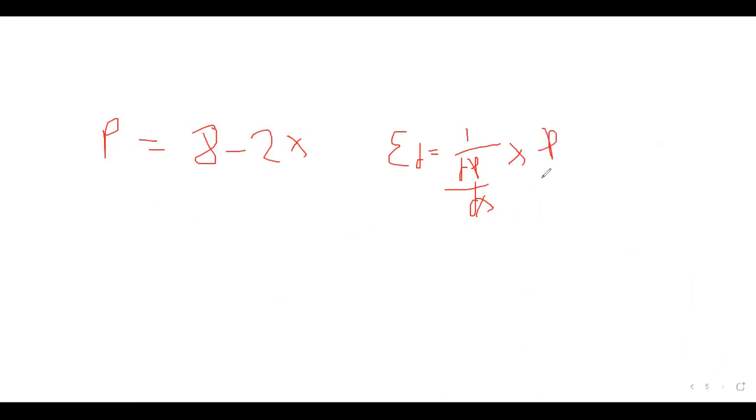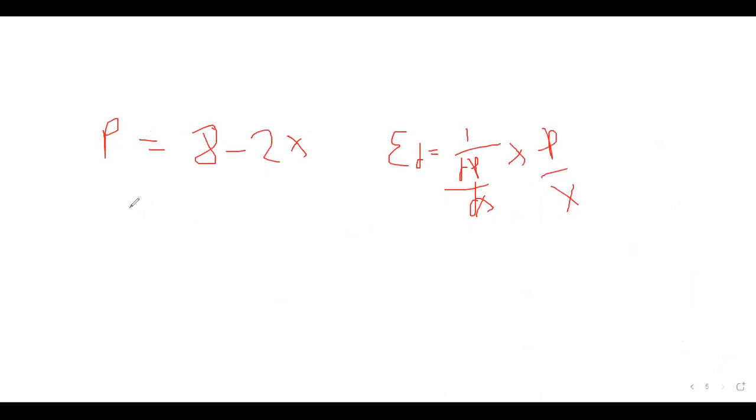However, if you're in love with calculus, you can simply say elasticity of demand is 1 over dP over dQ, times price over good x.